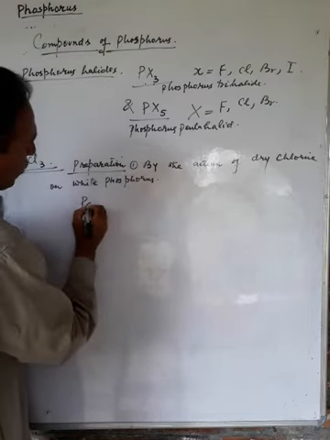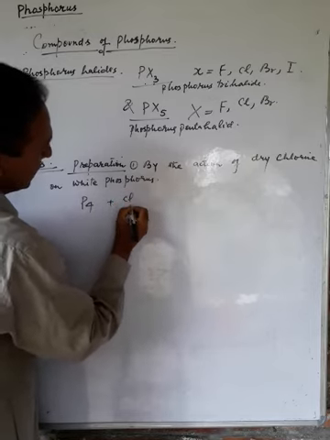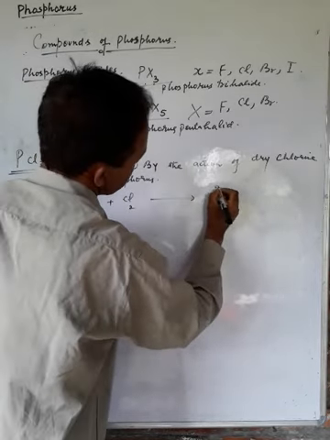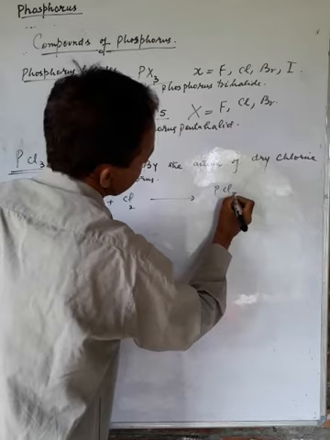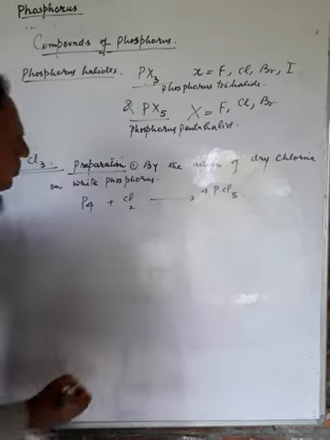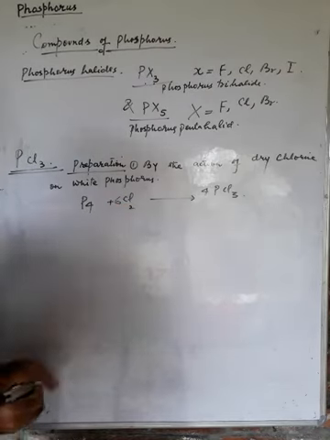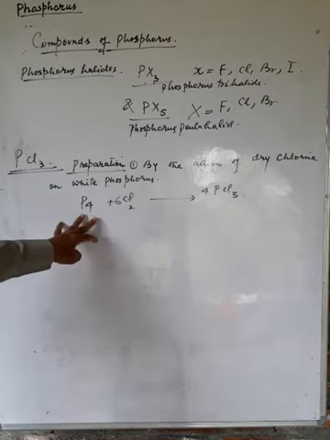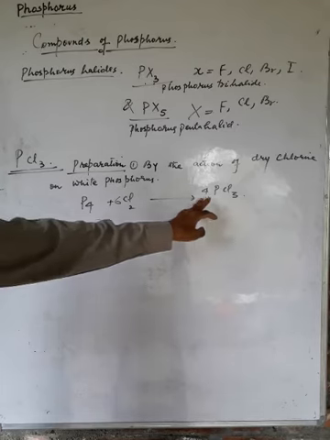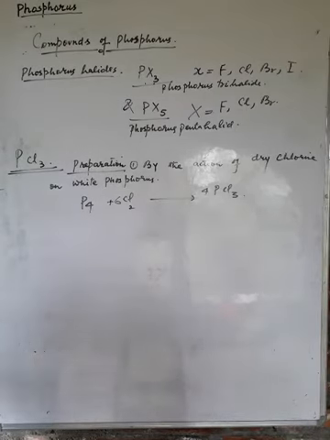So P4 plus chlorine forms PCl3. We will take it 4 times, Cl2 6 times. So when white phosphorus is treated with chlorine, it forms phosphorus trichloride.